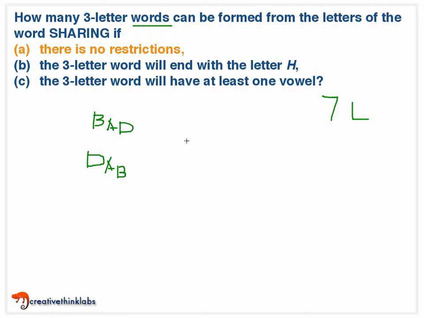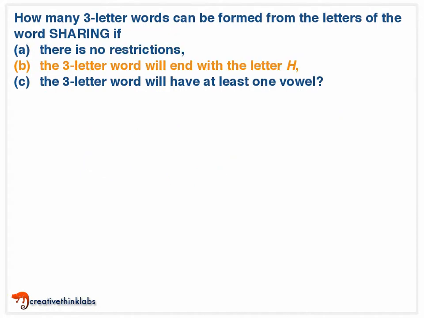If I have 7 letters and I want to form a word with 3 letters, there are 7 ways, and then there are 6 ways, and then 5 ways because there are no restrictions at all. So this will give me an answer of 210.